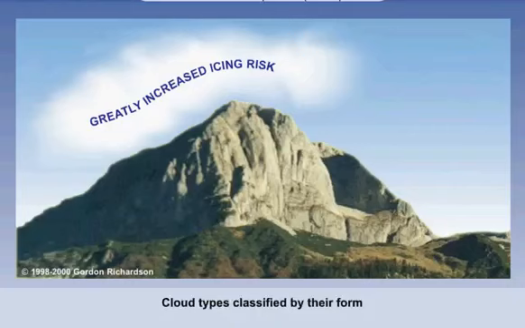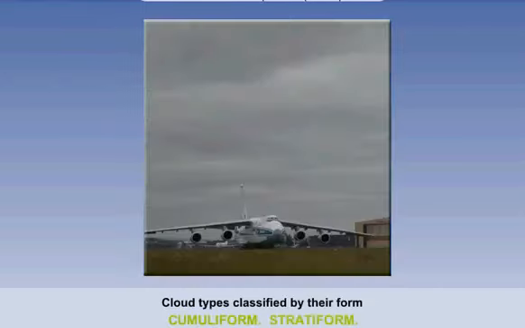We are now going to look at cloud types, their classification, description, and forms. Clouds can be categorized in several ways. One way is to split them into two types, cumuliform and stratiform clouds. This system is based upon how the clouds actually look to the observer.